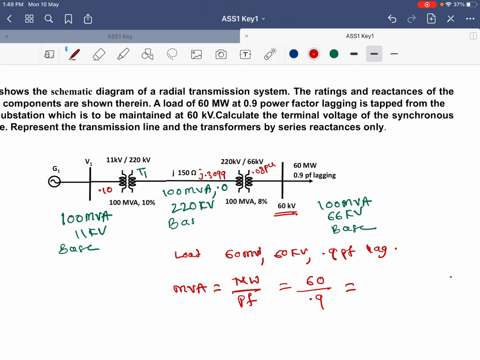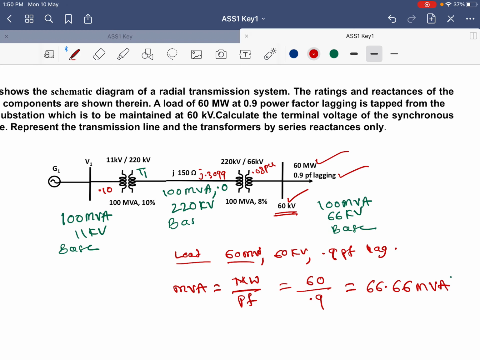Therefore, the MVA of the load I am getting is 66.66 MVA. Actually, it is not needed, but let it be 66.66 MVA. It is the load MVA because you are taking the load here as 60 megawatt at 0.9 power factor.